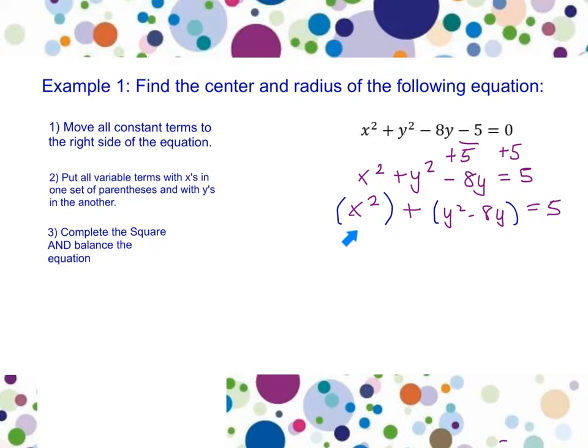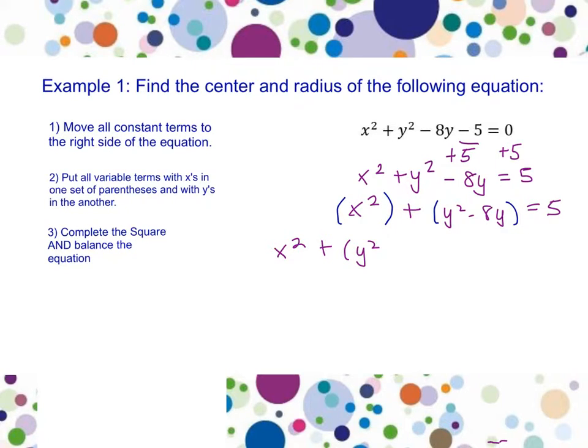We can just leave x squared alone. I can even take it out of parentheses since I don't need to complete the square. Then I'm going to go over to the other expression where we have y squared minus 8y.